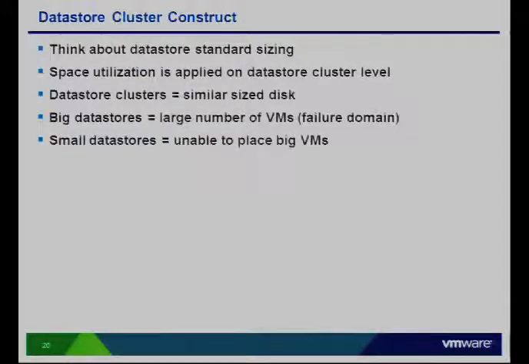So let's assume we have 85% space avoidance. So we have 15% slack space, where Storage DRS triggers a migration if a data store is higher utilized than 85%. Now, if you have two different data store sizings, like 1 terabyte and 500 gigabytes, 15% of 1 terabyte is entirely different to 15% of 500 gigabytes, right?